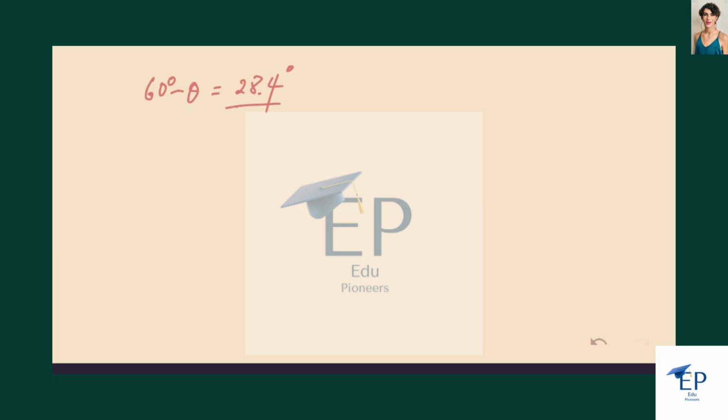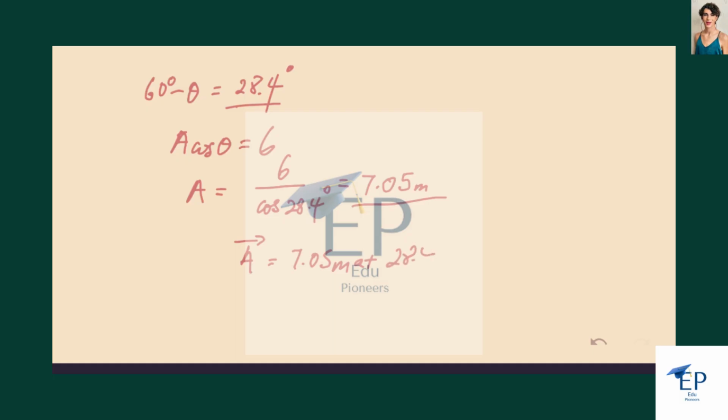So this is the direction for A. And to find the magnitude for A, we substitute back into the equation A cosine theta equals 6. And then we just take A, which will be 7.05 meters. So basically the vector A is equal to 7.05 meters at an angle of 28.4 degrees.